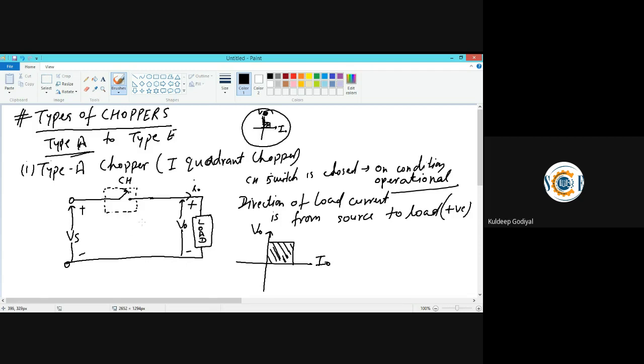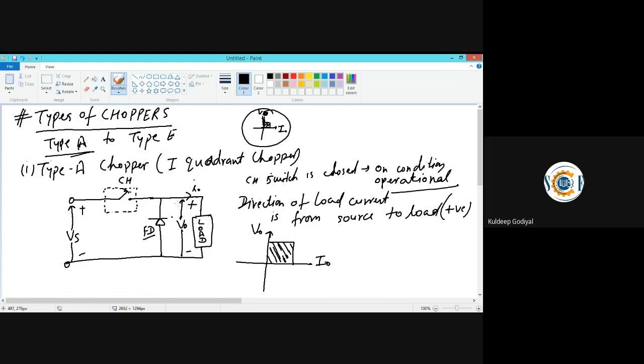And in this step down chopper, to keep the direction of current in the positive direction only, what is the provision? We put a freewheeling diode here, which ensures that the current does not die and the direction of current does not reverse even if the switch is in off condition. If you bring the switch to off condition, still the direction of current will not reverse.